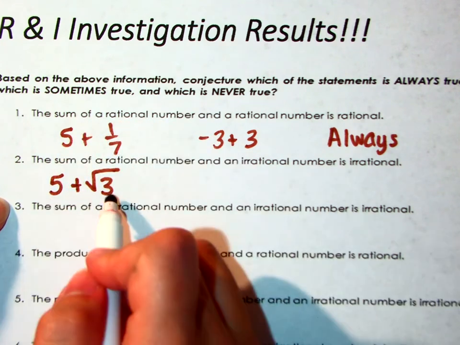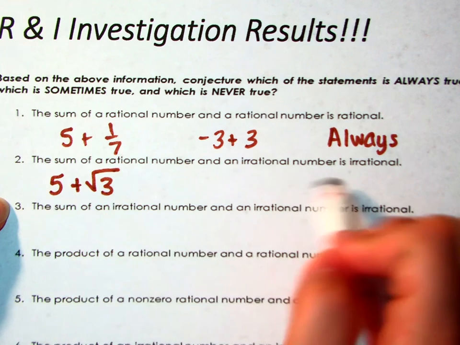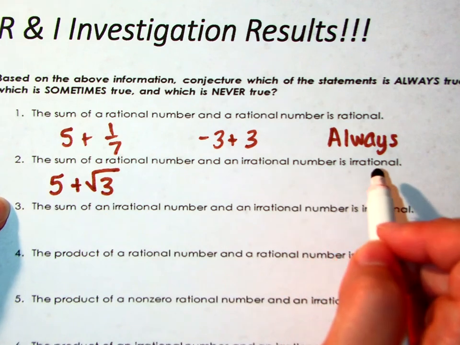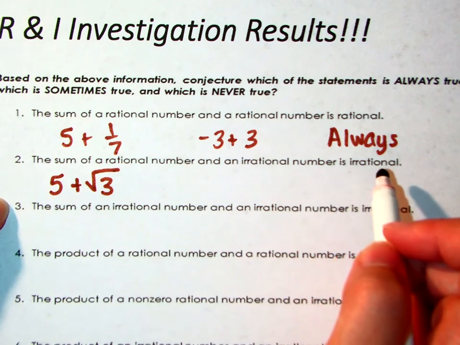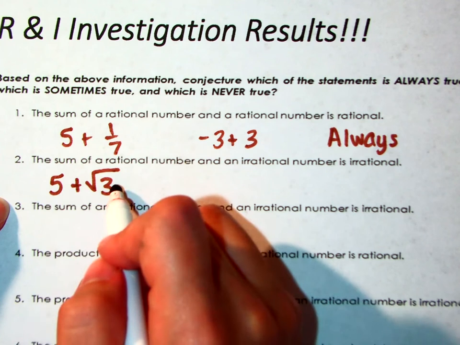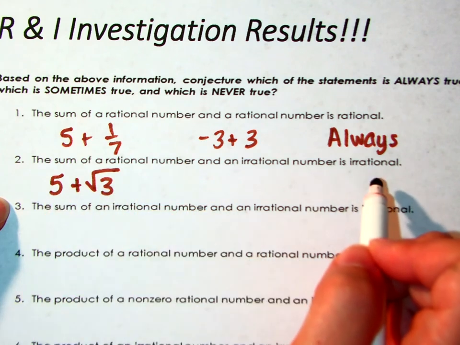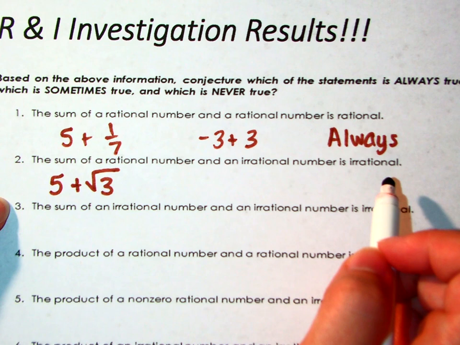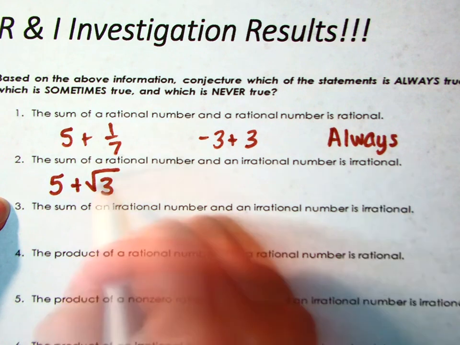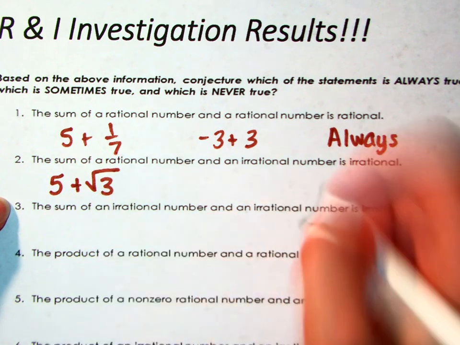Well, what is the result when we add them together? It's going to be irrational. Can you think of any number that you could add to this, where you have one of each type of number, that would result in something that's not irrational? No. It's always going to be irrational.